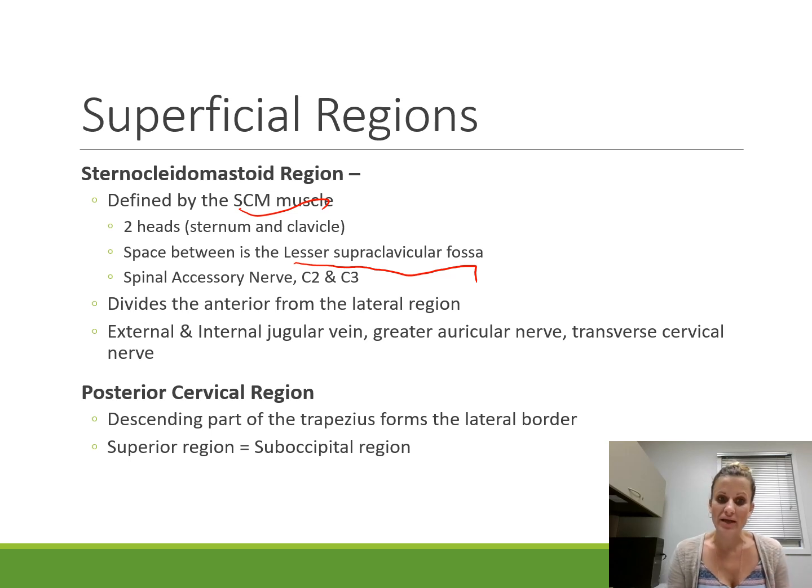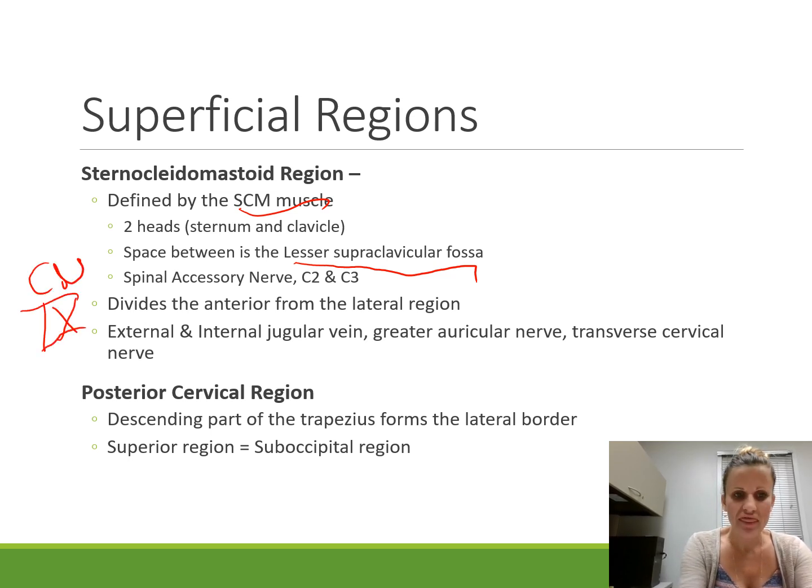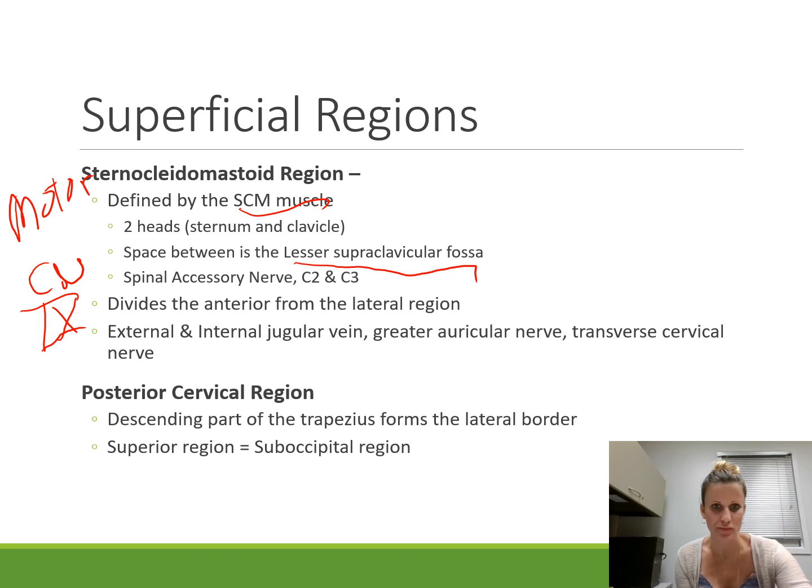The sternocleidomastoid muscle is innervated by the spinal accessory nerve, which remember is cranial nerve 11, and that's where it gets its motor control. C2 and C3 also innervate the sternocleidomastoid, but these are sensory, right?